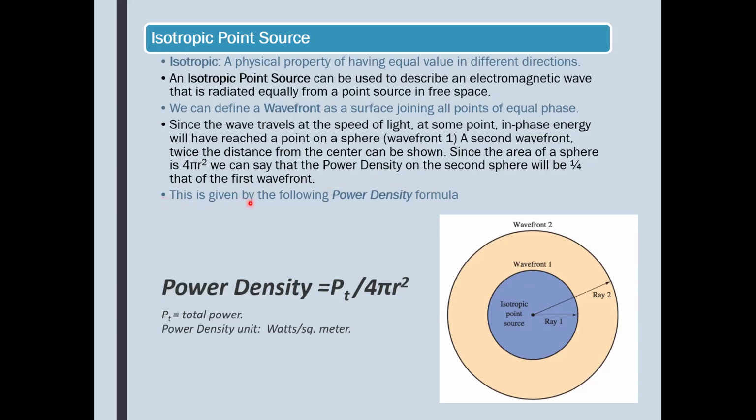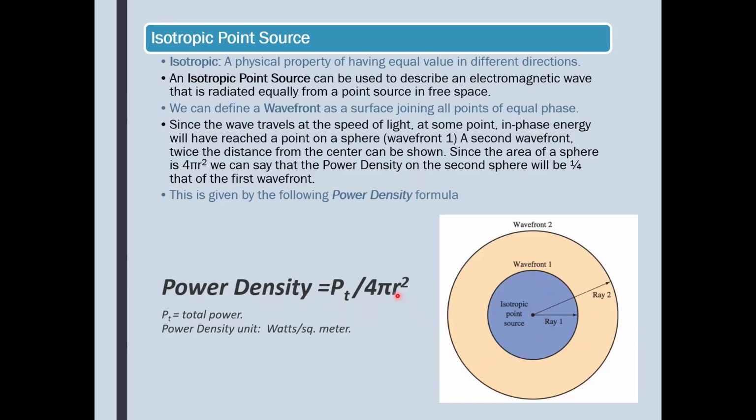This is given by the following power density formula. Here is the formula. Power density at any given point is the total power, which would be the power that has originated in the transmission here. It's just that the total power is being dispersed around the wavefront and travels, and as it travels, it gets weaker.